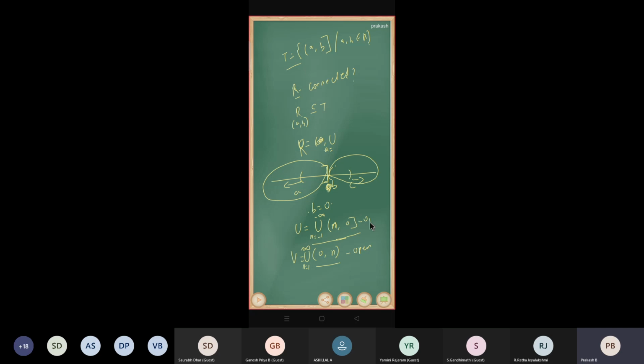So both the sets are open, trivially the intersection will be empty, and the union will be the whole real line. Therefore, I have a separation for R. Therefore, R is not connected in the upper limit topology.